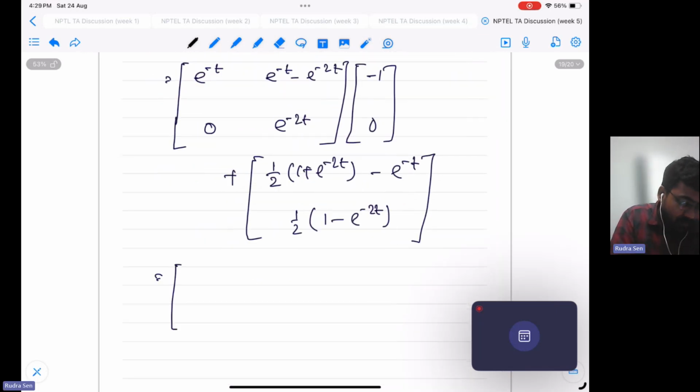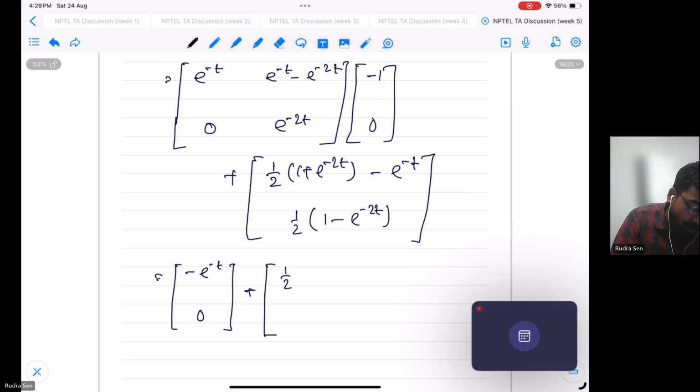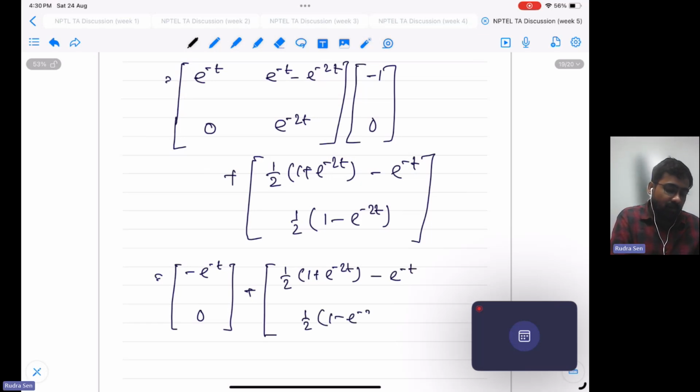So the first term is minus e to the power minus t and this is 0, plus half 1 plus e to the power minus 2t minus e to the power minus t, and half 1 minus e to the power minus 2t.